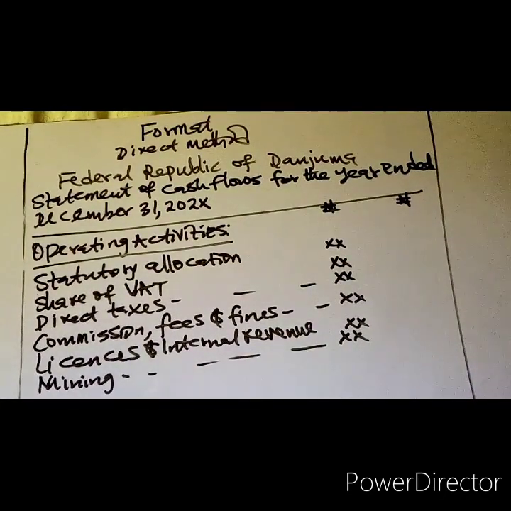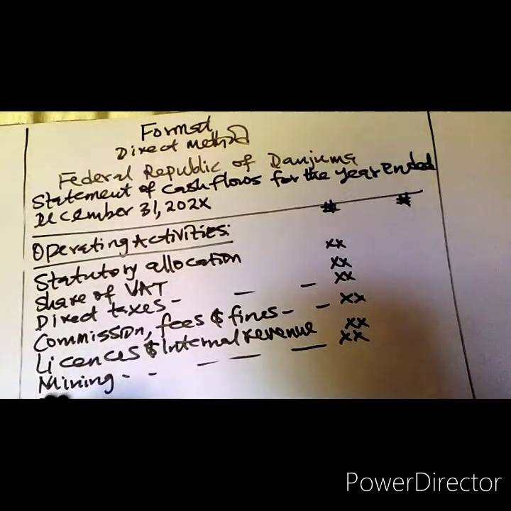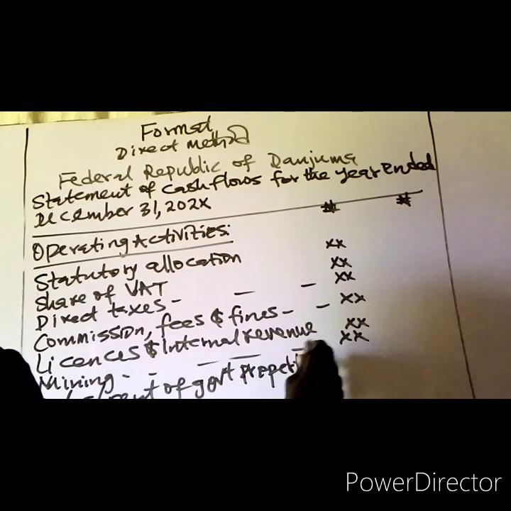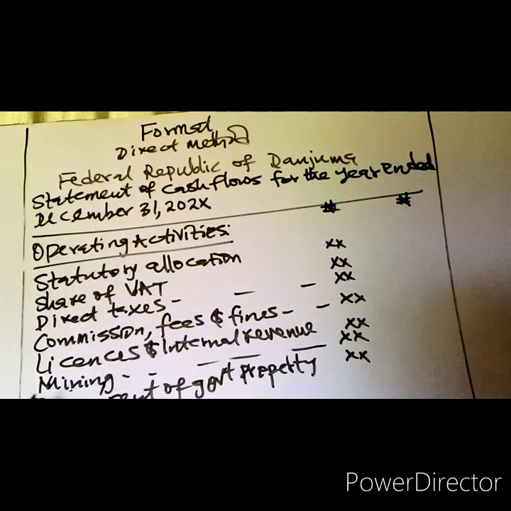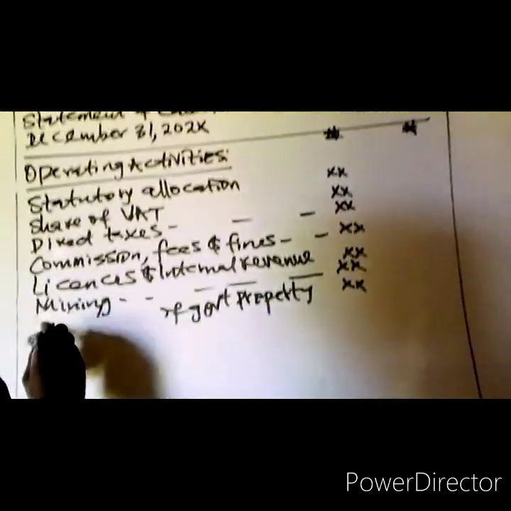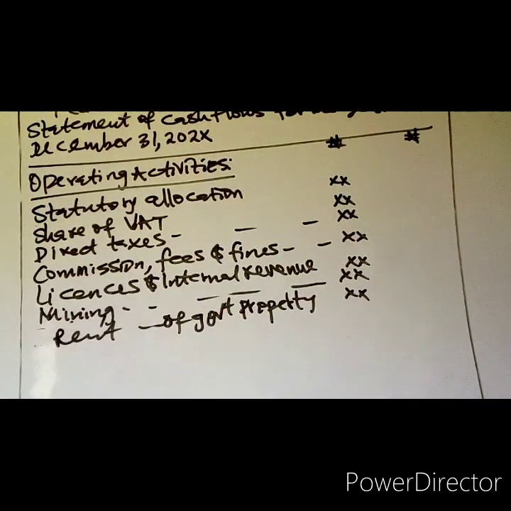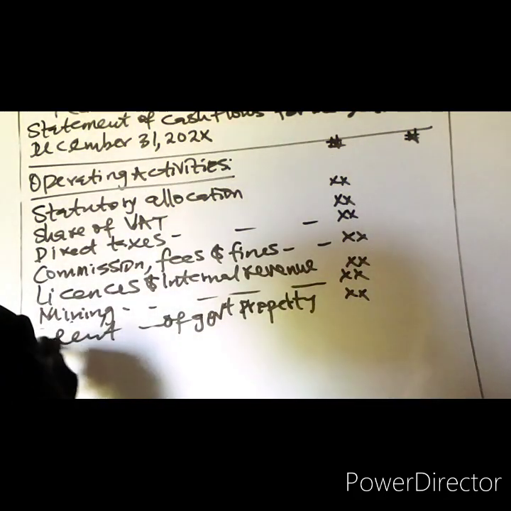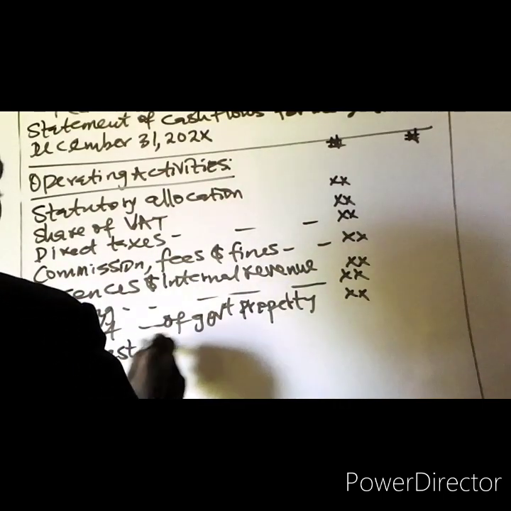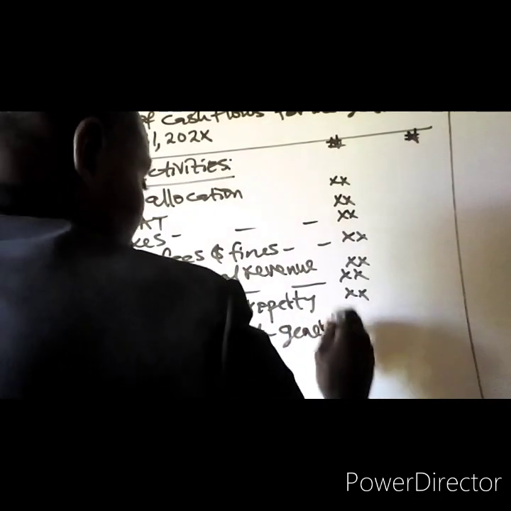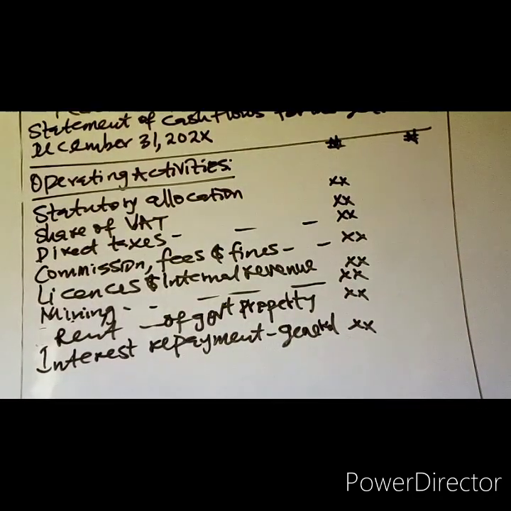Then we also have sales or rent of government property. Rent of government property is also another form of revenue of the government. Interest repayment general is also another form of revenue.